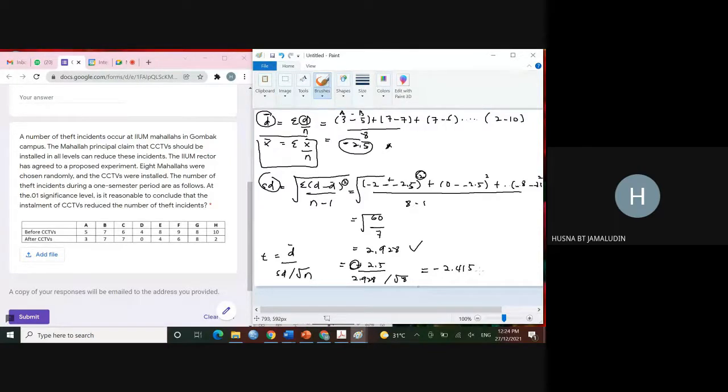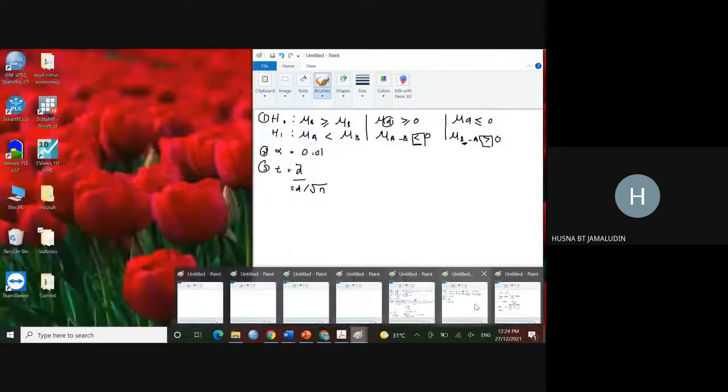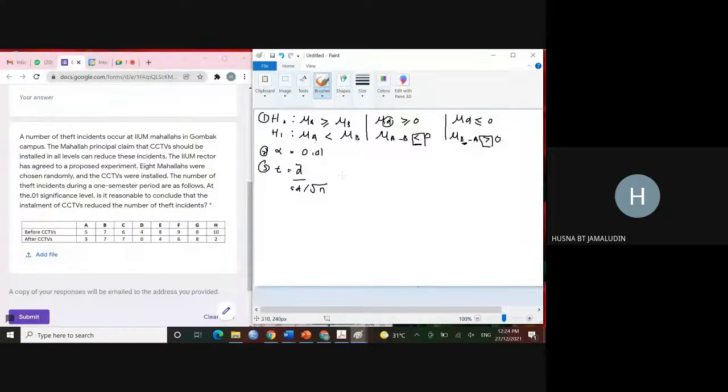This is your t value. So negative 2.415. Remember that. It's a long working to compute the t somehow.